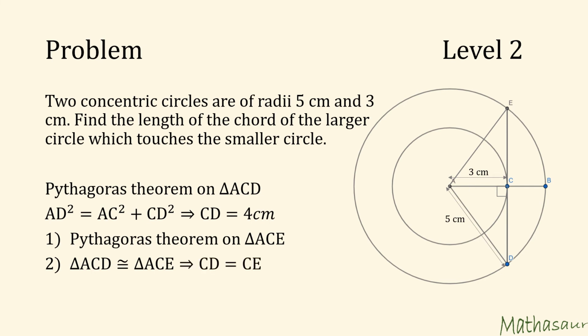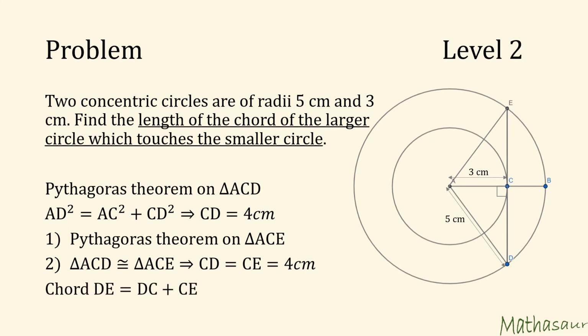Now since these two triangles are congruent, we can see that CD is equal to CE and it would be 4 centimeters. So you can use any one of these methods that you like. We can figure out the length of chord DE. Substituting the values, we get DE equals 8 centimeters.